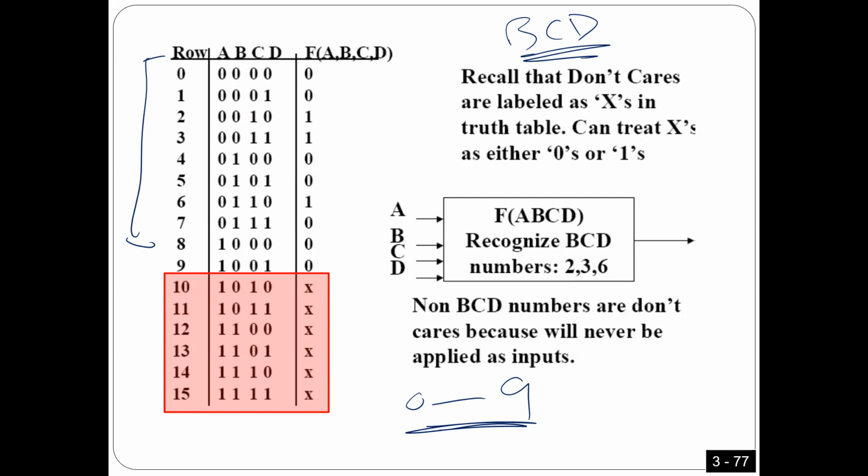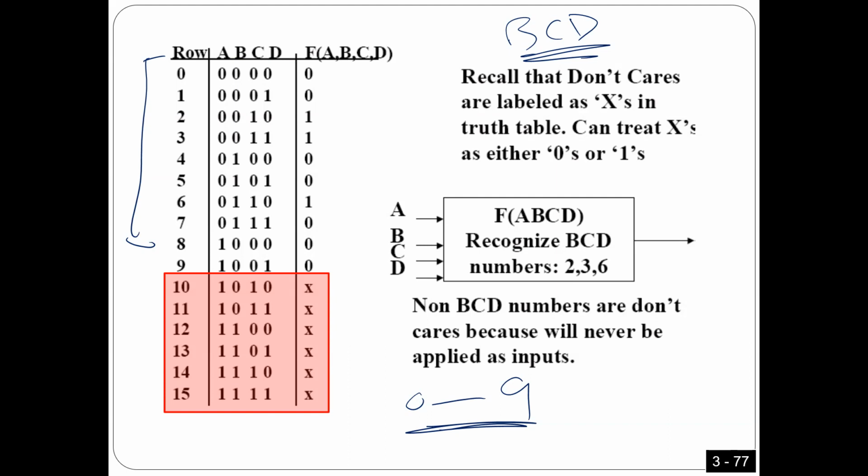These numbers should not occur, because if you want to use the circuit correctly, the input has to be a valid number. Is that okay? But because it's 4 inputs, you can input any one of these.